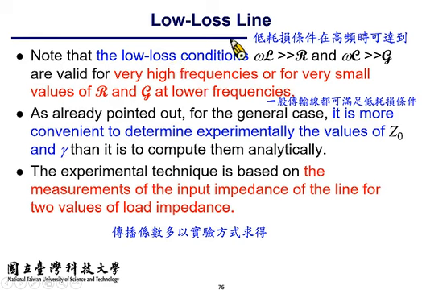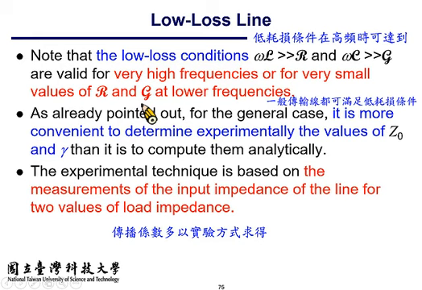So for a low-loss condition, that is, omega L is much greater than R and omega C is much greater than G, this condition is valid for what? For very high frequencies, which means omega becomes larger and larger, or for very small values of R and G, if your transmission line quality is relatively good, which means the lossy mechanisms, the ohmic loss and the dielectric conductivity, are relatively small.